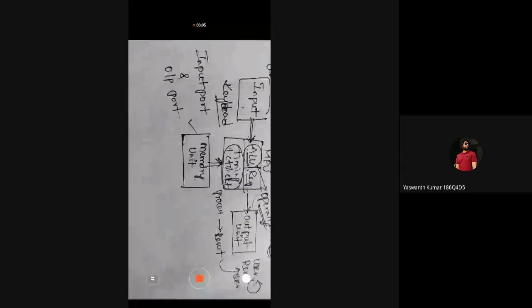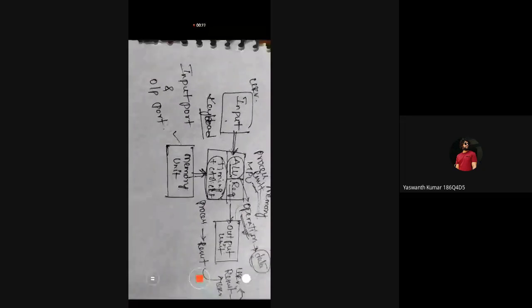Port, what is it? The input port is used when the user wants to transfer data to the microprocessor: whatever input device we are using, the input port is used to read the data from this input unit.